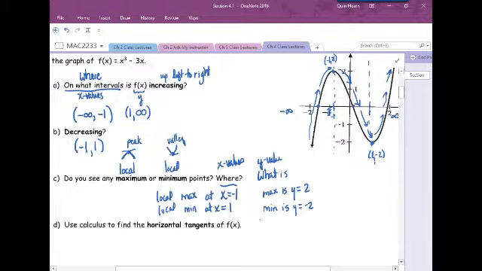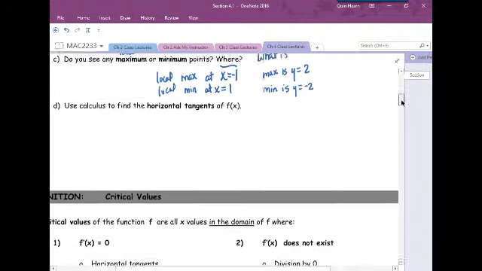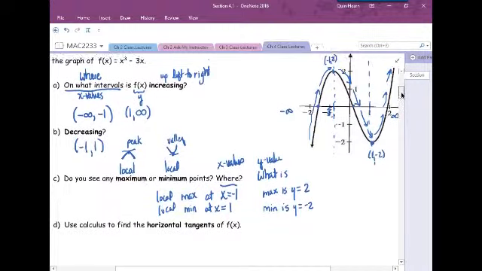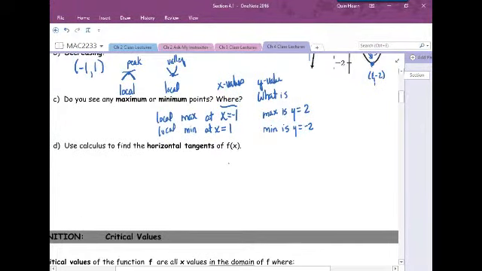this function has horizontal tangent lines, and then we're going to look at the graph and see why that happens. So I'm going to give myself a little more space here. Remember, the function was x cubed minus 3x, so let's write that down. F of x equals x cubed minus 3x.